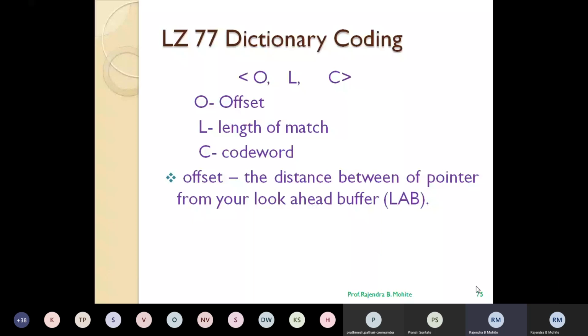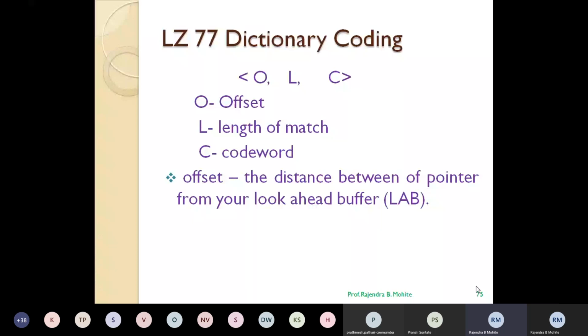Whenever you place the encoded alphabet in the search buffer, and if a similar alphabet is present in the look ahead buffer, then we can say there is a match between the look ahead buffer and the search buffer. From the pointer, you can measure the distance towards that particular alphabet, at whichever position it is present. That is the offset.